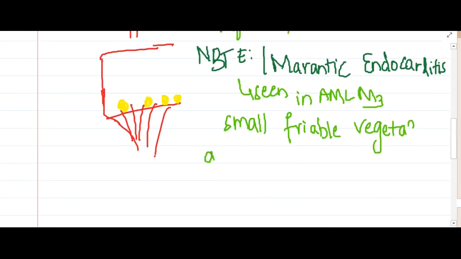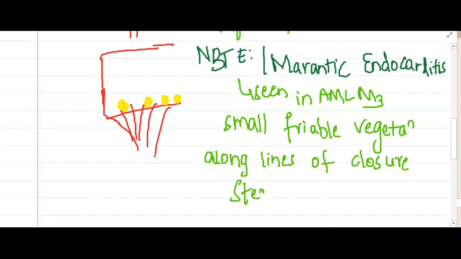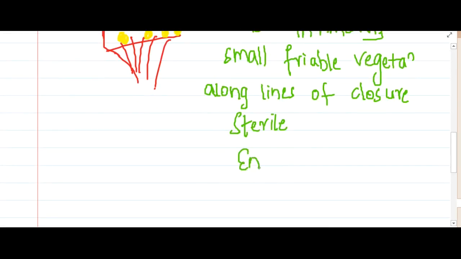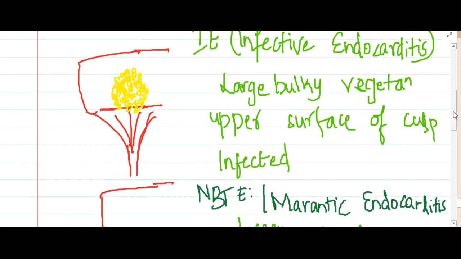Here small friable vegetations are seen along the lines of closure, and these vegetations are actually sterile vegetations. But one important thing here, these have increased propensity to develop embolism. Embolism is present in this marantic endocarditis. In infective endocarditis also embolism may be present or absent.